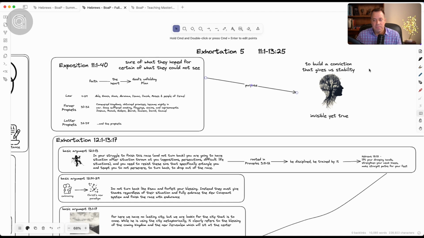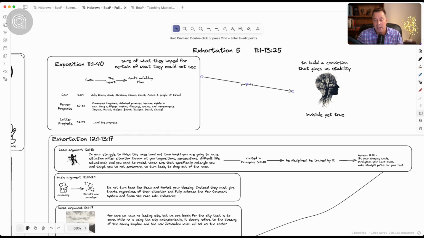This is to build a conviction that gives stability, saying these things are invisible, yet they're true. This is building conviction and stability in the audience receiving this letter. And ultimately, that's for us as well, that we would have confidence and stability in these teachings.